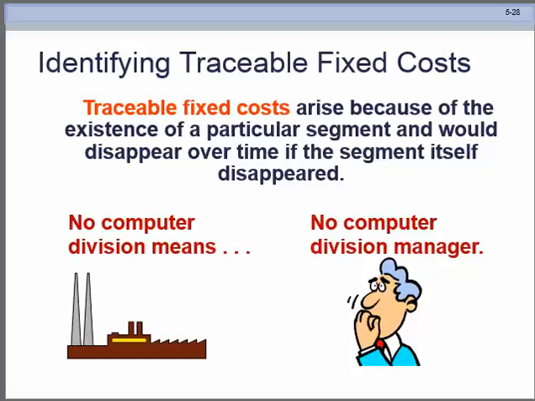We wouldn't have a manager for that unit. We wouldn't have labor or overhead costs for that unit. And that's what we're talking about when we're saying identifiable fixed costs. Okay?